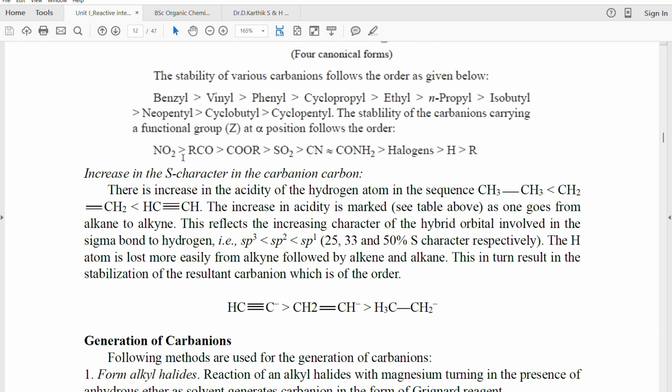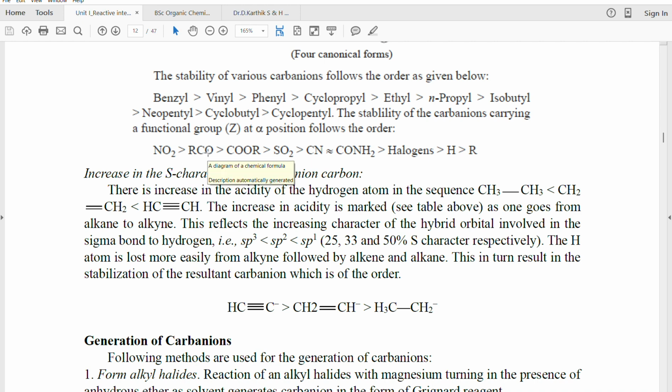So here you can see the groups. What groups can stabilize the carbanion the most? For example, you have different kinds of functional groups. If the nitro group is present, that makes the most stable carbanion.